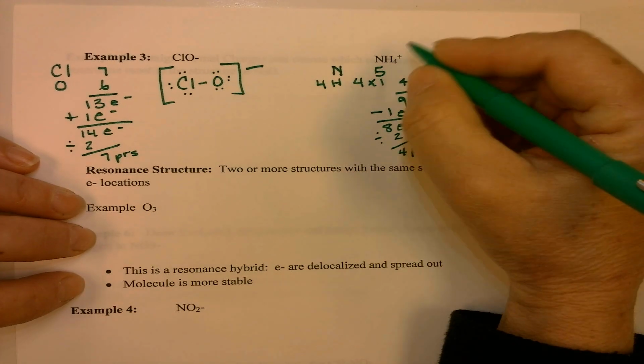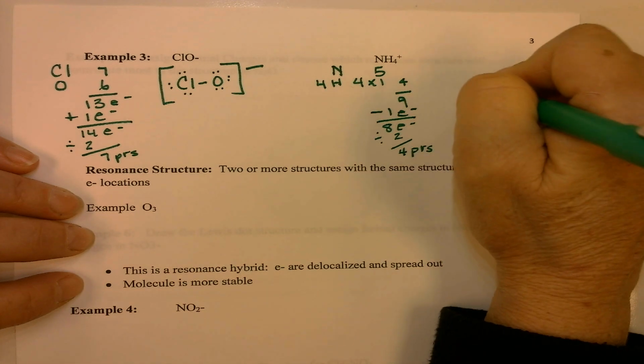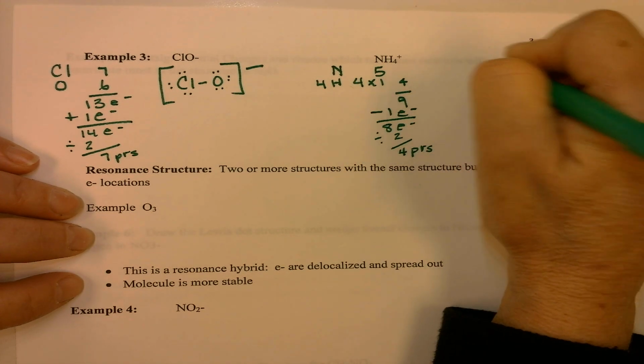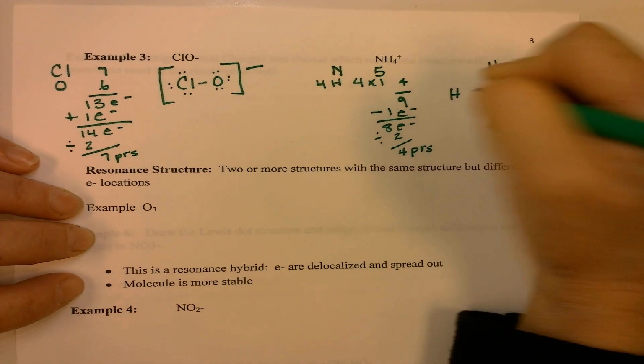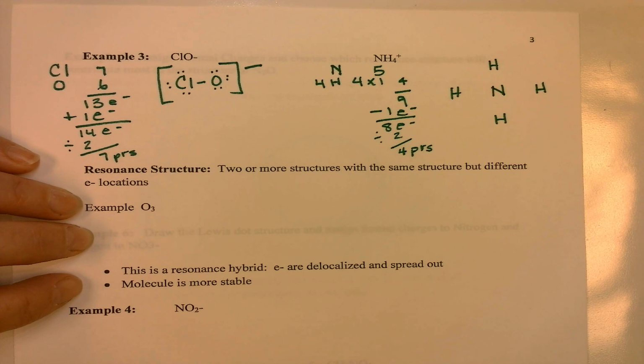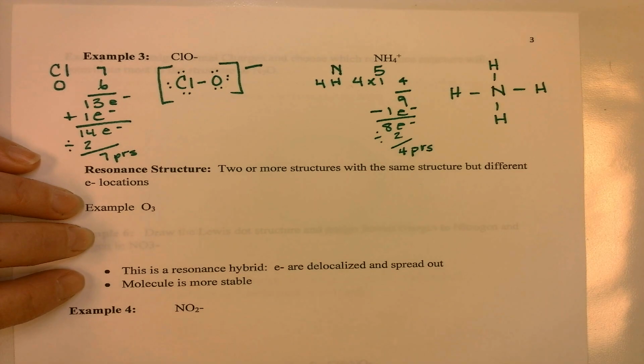So here we go. I'm making a wheel. What goes in the center? Nitrogen. Then all I have to do is put my hydrogens around. Now I'm going to put my 4 bonds: 1, 2, 3, 4. That's it. Has everybody got access to 8, and 2 if they need it?